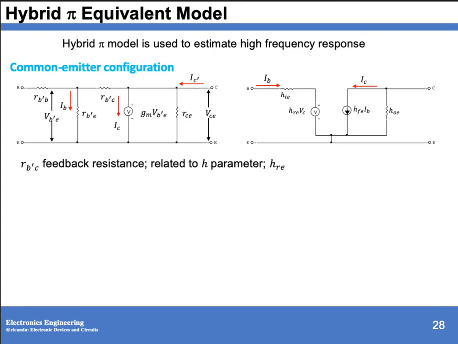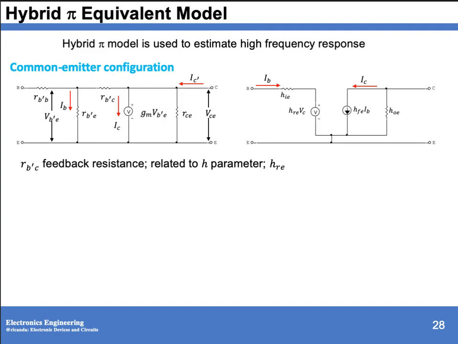Then your RB'C or feedback resistance is related to the h parameter HRE. HRE is a reverse transfer ratio, so that is voltage input over voltage output.